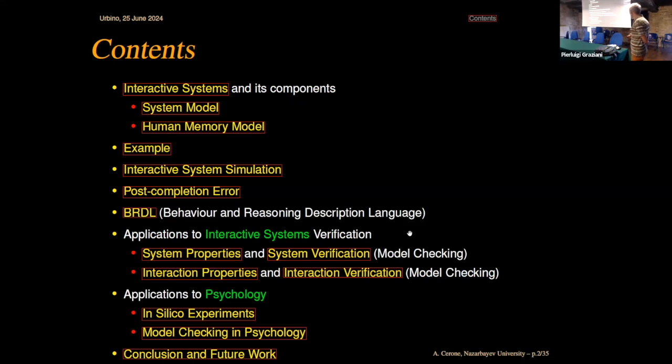In particular, we could use actually model checking to understand the high level characteristics of psychological theory. So theories that psychologists give as a kind of conceptual framework, we try to formalize it, and then we can verify whether what they say is correct or not.